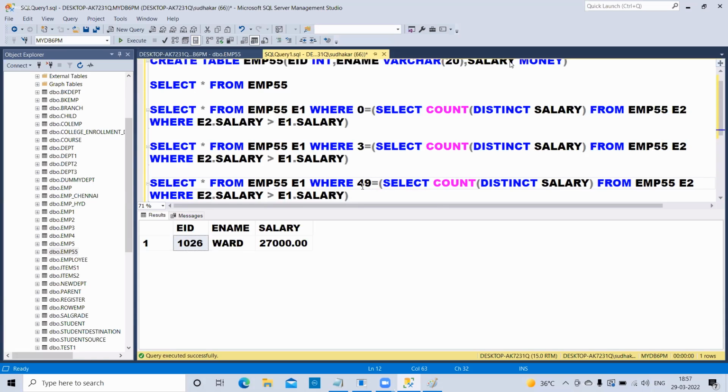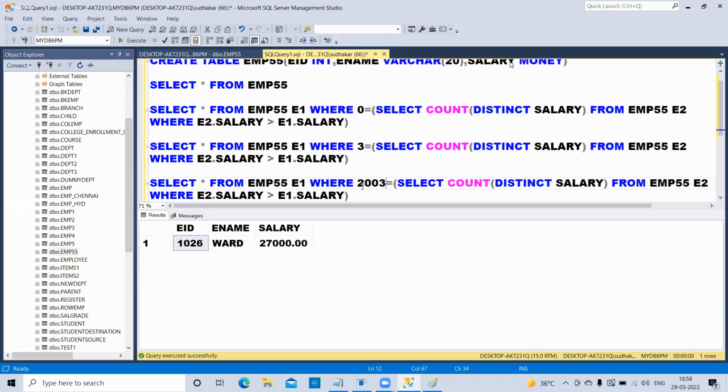So 49. Suppose anybody asks you for the 150th highest salary, then what do we write? 149. Suppose the 2004th highest salary, then 2003.